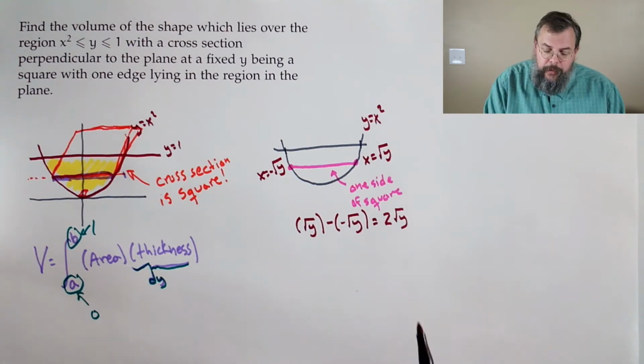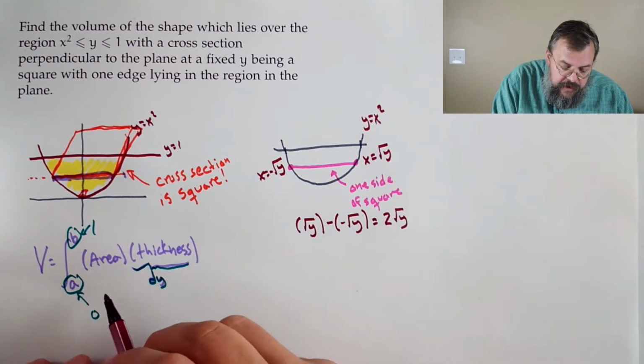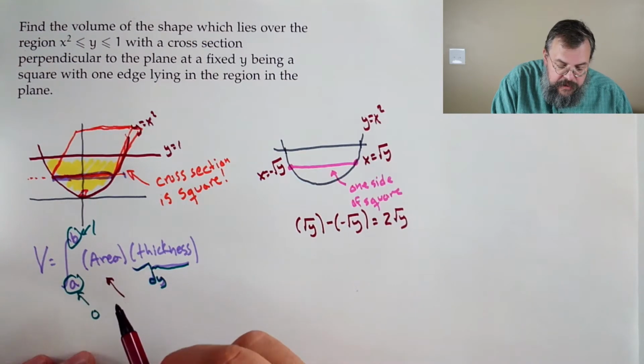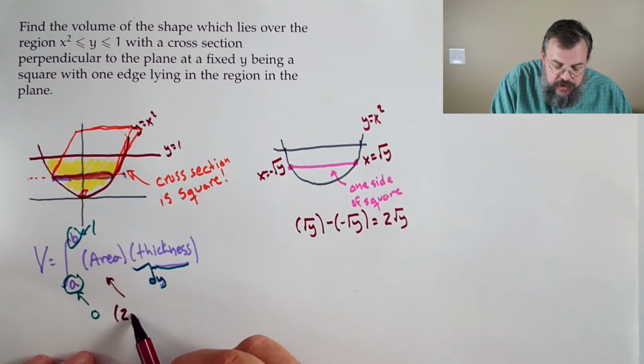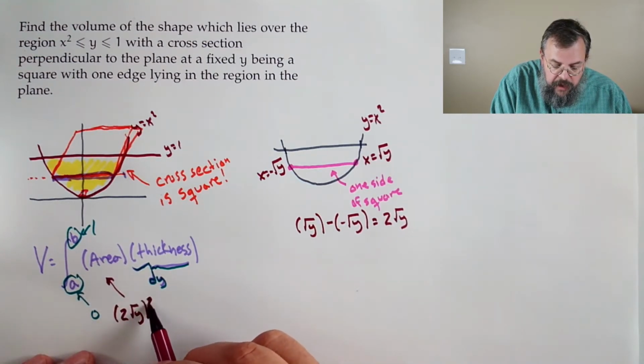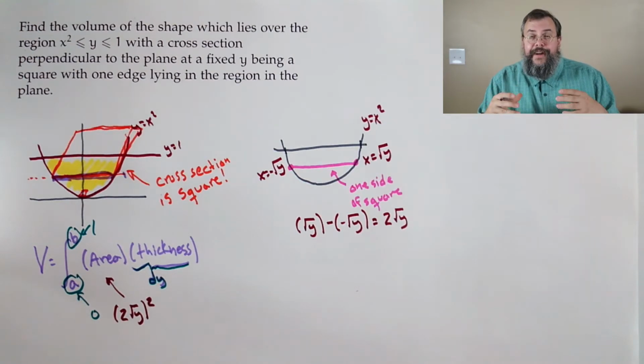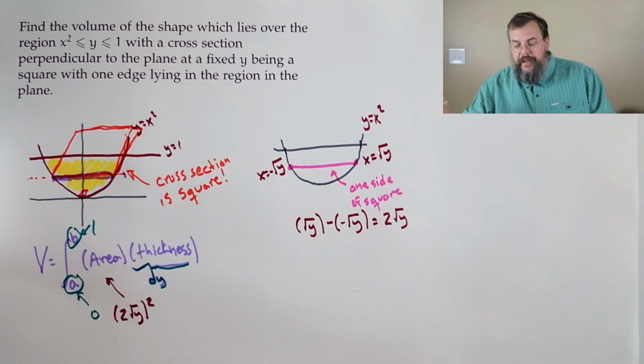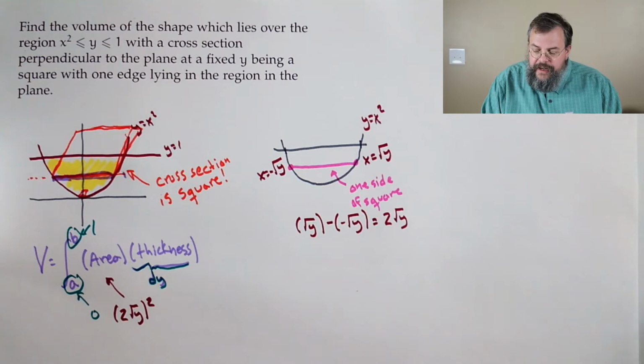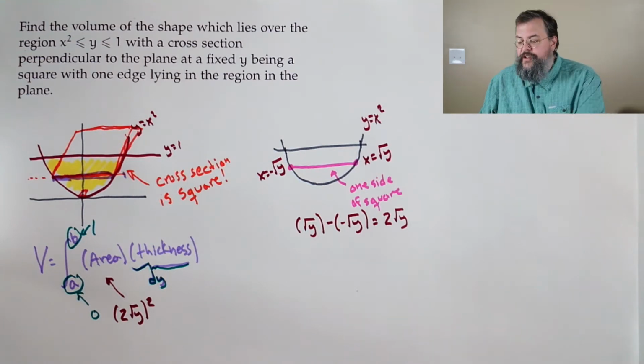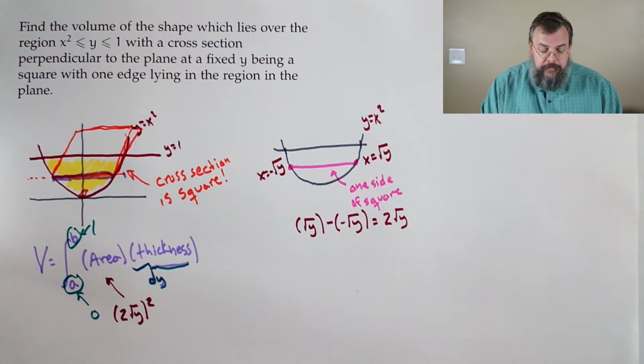Now, we're going to take that and we say, all right, how do we use it? Well, that's going to go into the area as 2 root y squared. Because remember, we're looking for area, so you take the length times the length. So we now have all our pieces in place. Let's just clean it up, and hopefully what we have is pretty good.